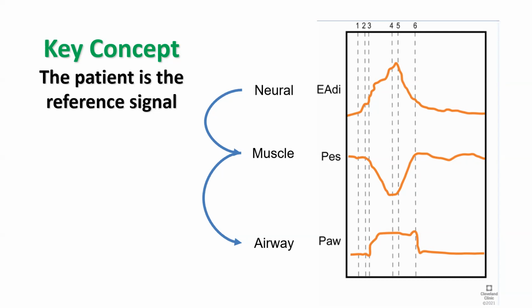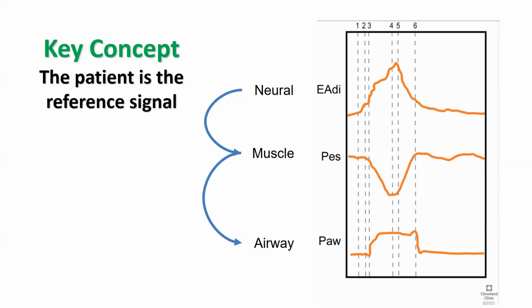In 1, we see the start of the patient effort. In 2, we see the beginning of the trigger phase. In 4, the patient is nearing the end of the peak effort. 5 represents the end of the patient's respiratory effort and the beginning of relaxation. And 6 is the actual cycling off of the ventilator.